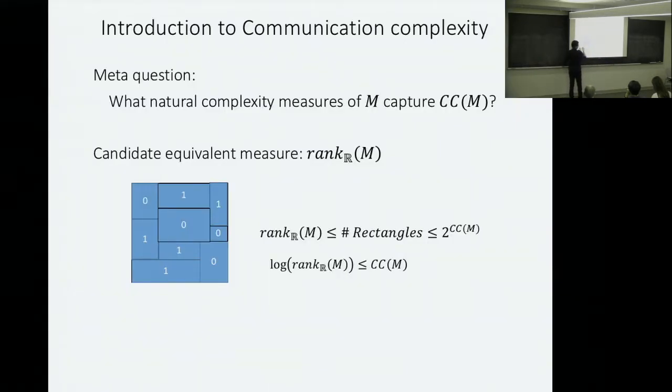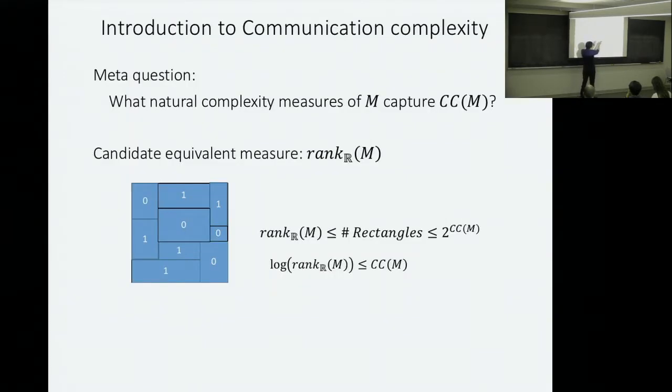One such natural measure of complexity is just the rank of the matrix over the real numbers. Because if we have a partitioning into rectangles, then each of these rectangles is a rank 1 matrix, right? If you just fix everything else to be 0 and just look at this part to be 1, that's just a rank 1 matrix. So the real rank of the matrix is at most 2 to the communication complexity.